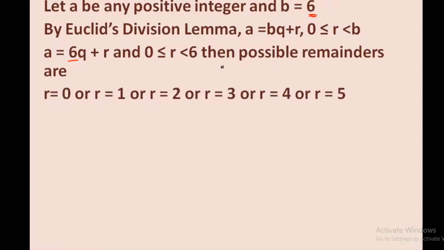The possible remainders of this equation are 0, 1, 2, 3, 4, 5.